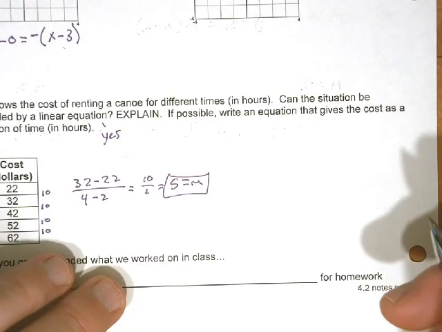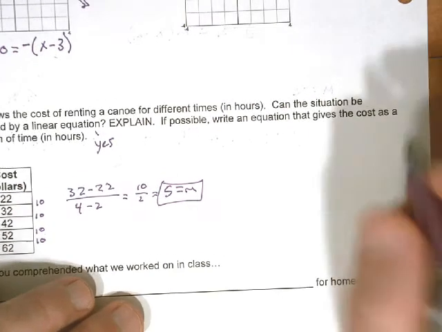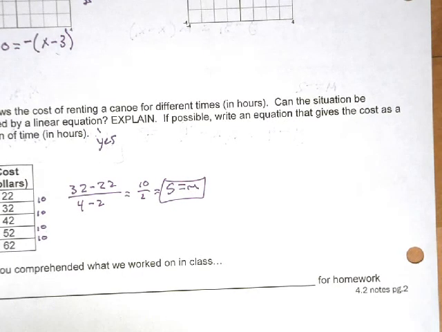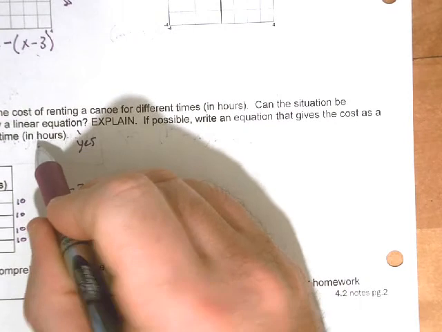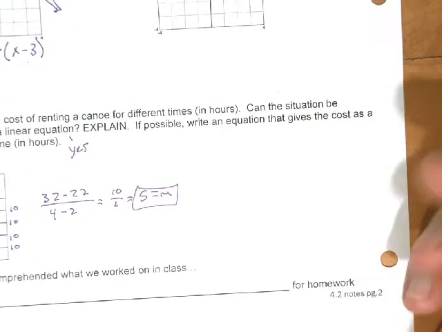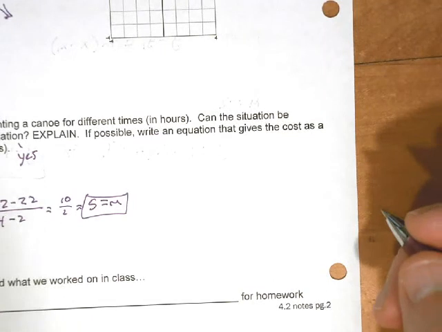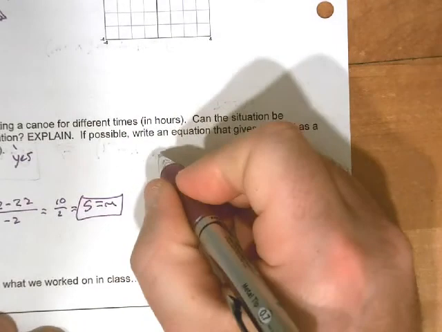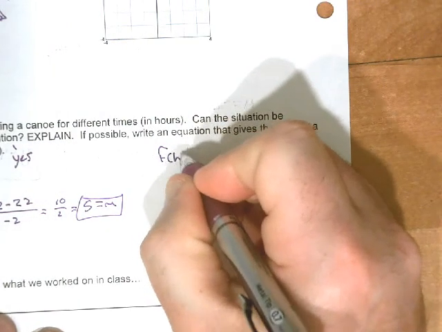So here we want to write a function of time in hours. So for that, we are going to go ahead and do that. Making sure we're writing this as a function of our hours, there's a couple different ways you can do this. Considering we're in the point slope section here, I'm going to start it out as a point slope.